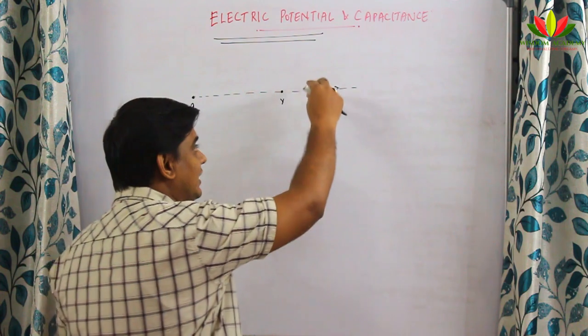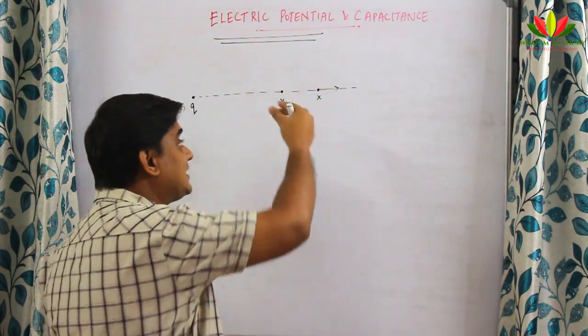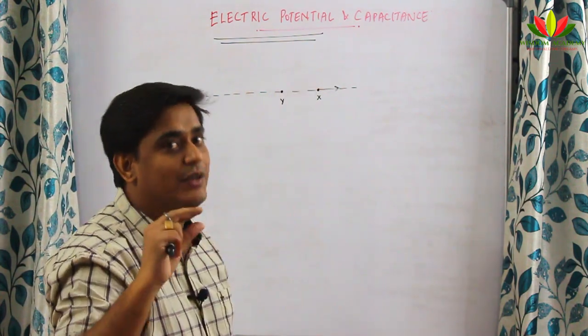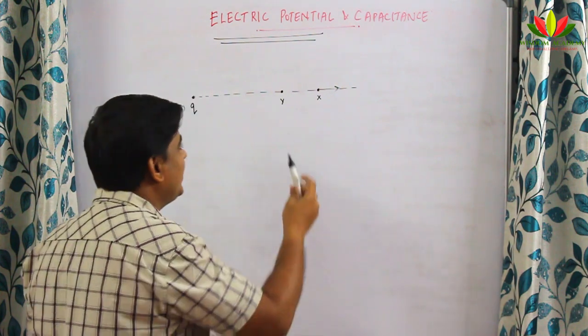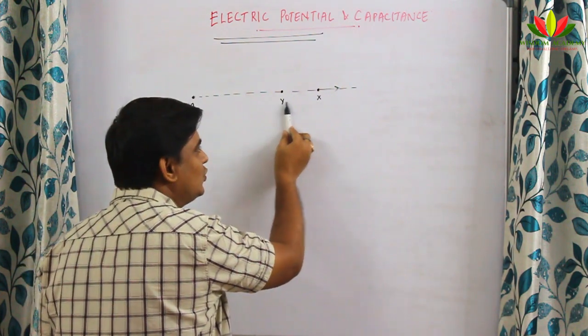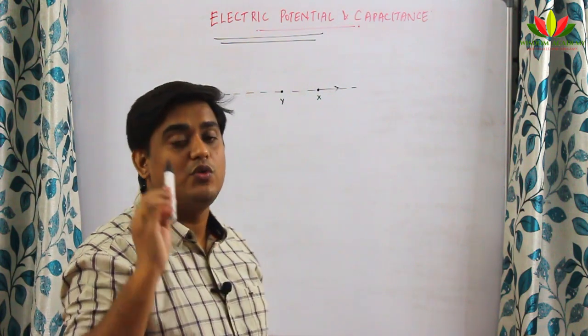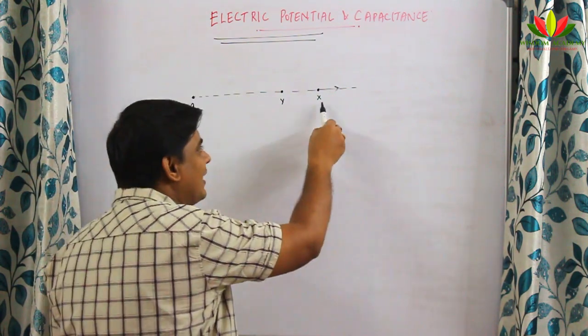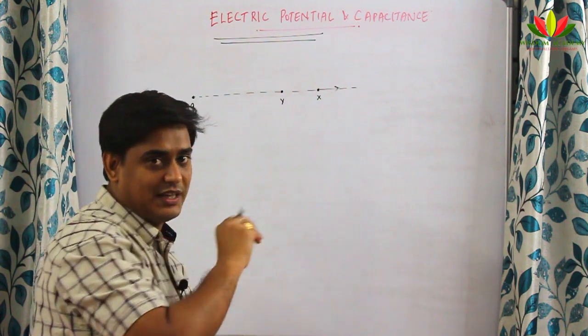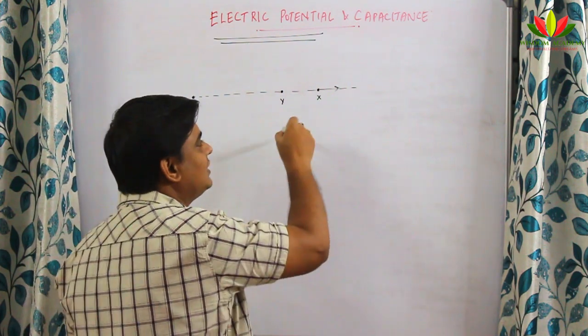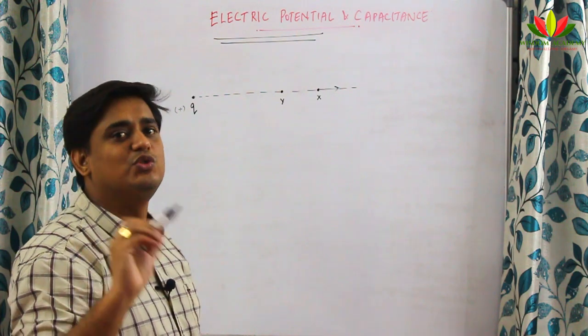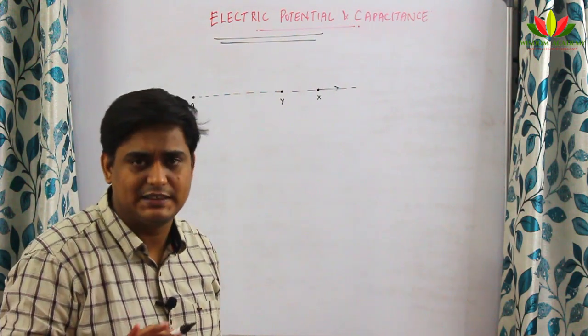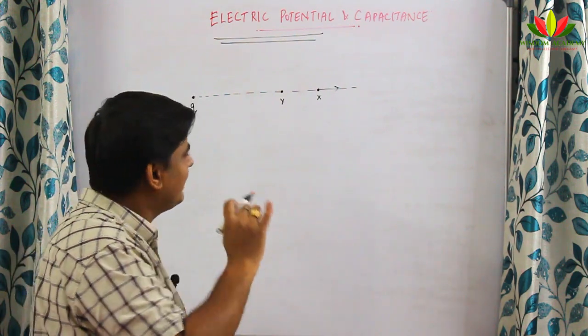If you don't move it and let it be static itself, we have to do some work for doing that, isn't it? What I am doing is trying to move it from X to Y. Definitely you need to do some work in moving the charge from X to Y, isn't it? So that work done per unit charge is known as the potential difference. I should not say electric potential because that will be a little different.